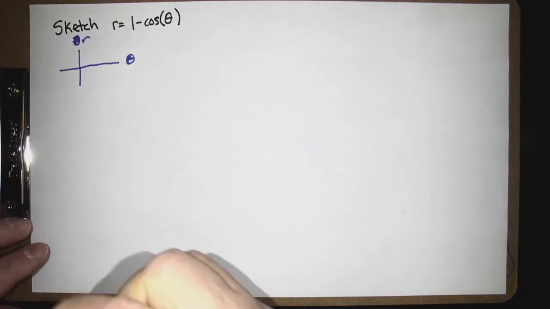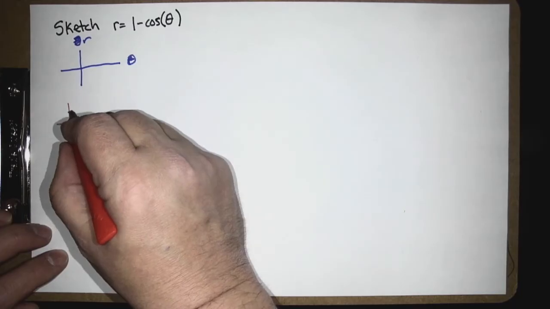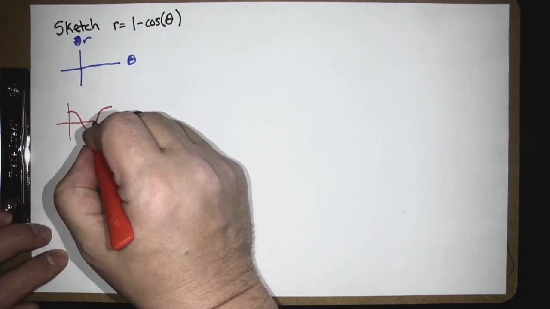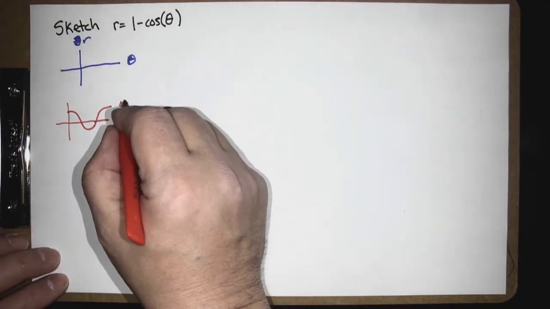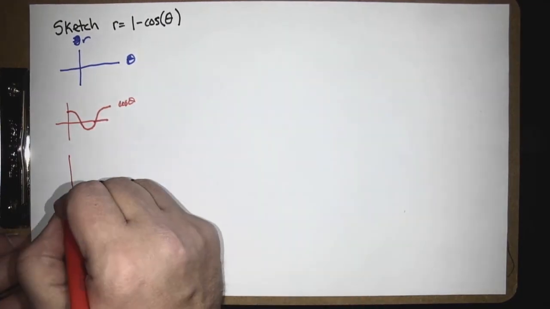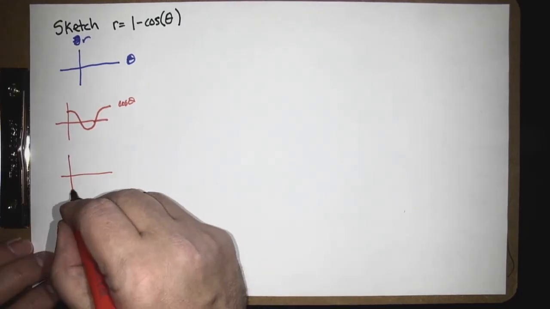So if I just had cosine, let's talk about cosine. Cosine does this in one revolution. So this would just be cosine. What would minus cosine do? It would flip it upside down.